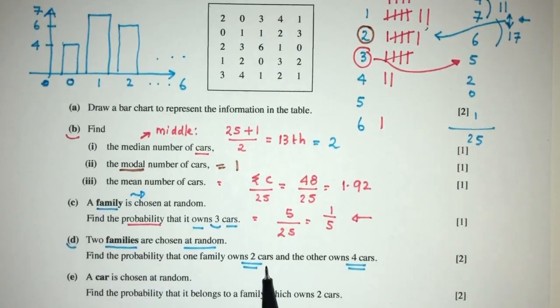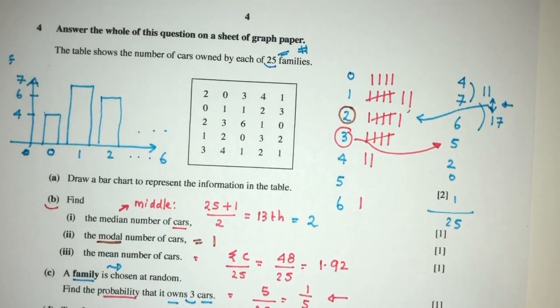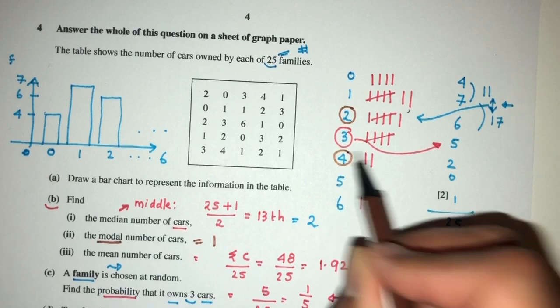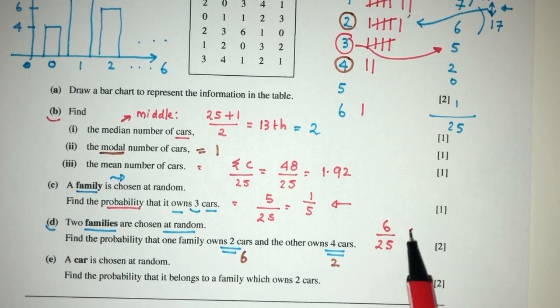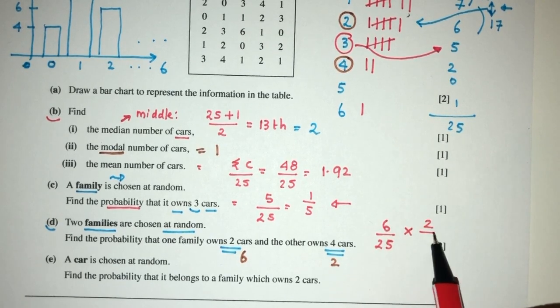And for 4 cars, it is 2 families. So one family owning 2 cars will be 6 over 25, and then owning 4 cars will be only 2, that will be 2 over the remaining 24.